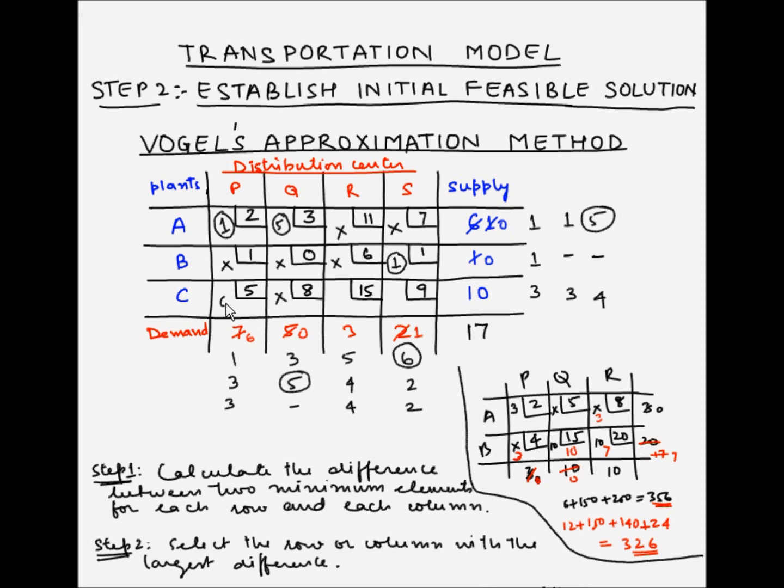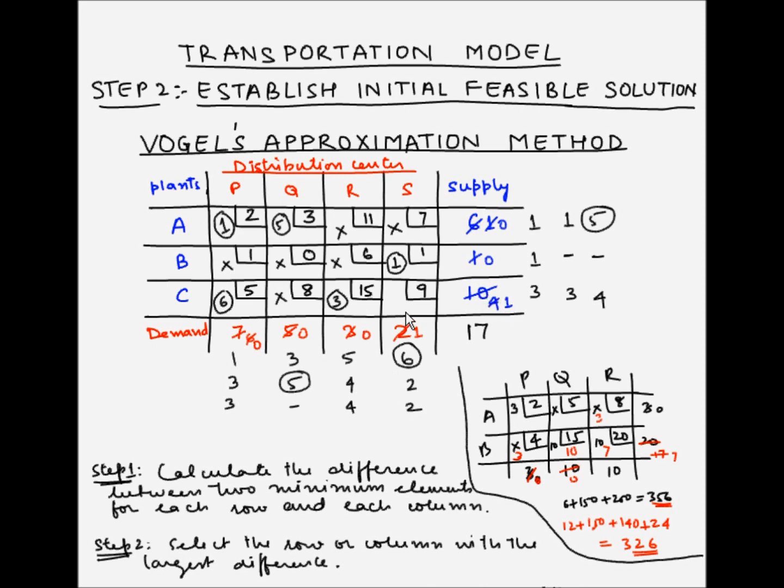So when we do this, the demand at P becomes 0 and supply at C becomes 10 minus 6, which is 4. So now moving to distribution center R, demand is 3 and the supply capacity available is 4. So we'll allocate 3 here. So the demand becomes 0 and capacity becomes 4 minus 3, 1.